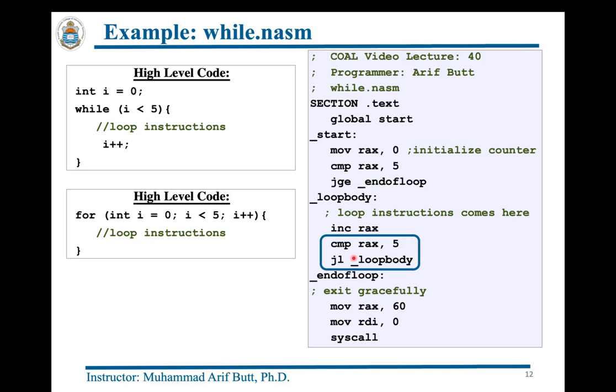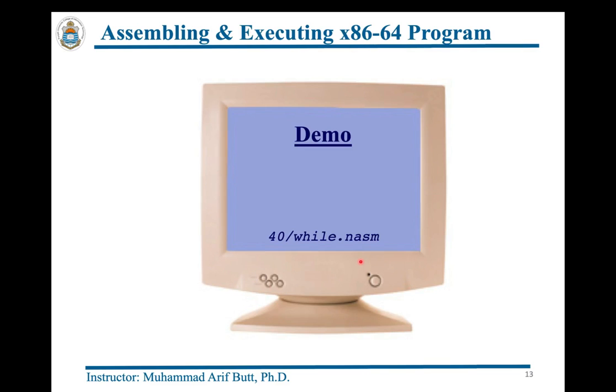And over here, jump if less than. Well, dear students, download this assembly program from the course Bitbucket repository, assemble and link it, then load and execute it step by step inside GDB to have a clear understanding of the working of the while loop construct. And I move ahead.